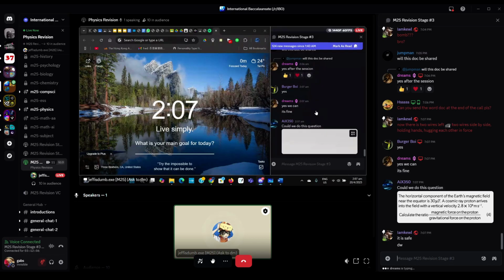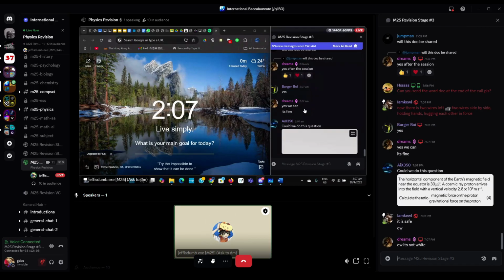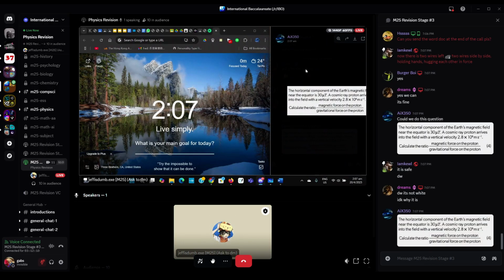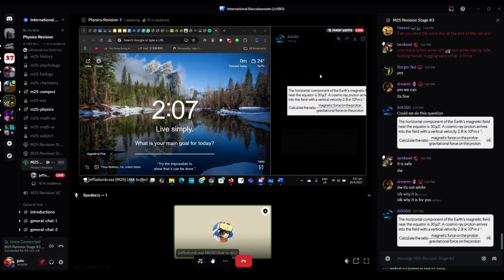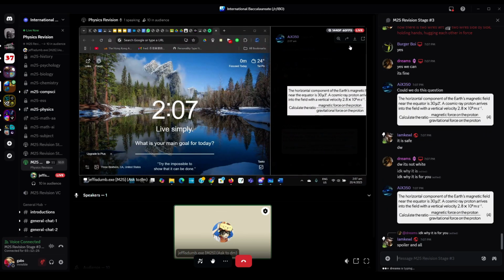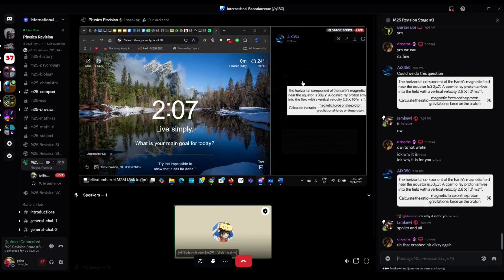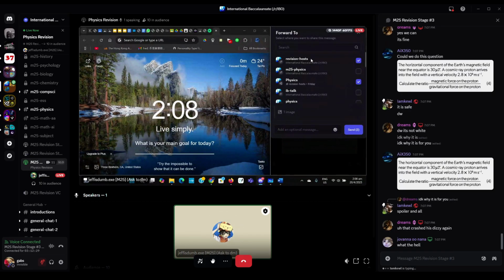The problem with Discord right now is that when I try to open the image, my Discord gets incredibly laggy. Can you send it in the M25 physics channel?